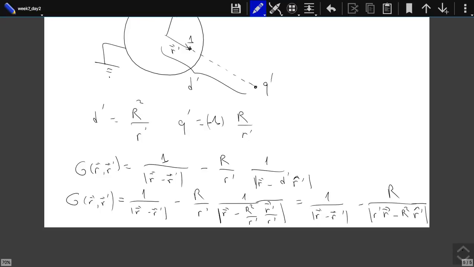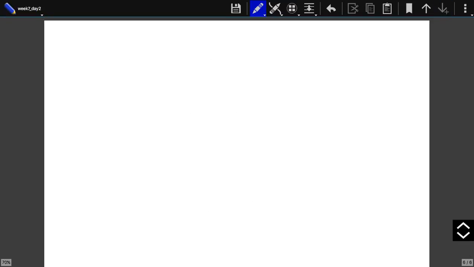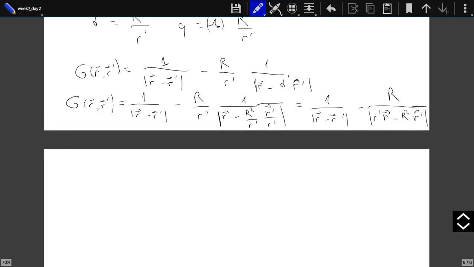Is it symmetrical with respect to the exchange of R and R prime? Because we said that the Green's function has to be symmetrical. Well, in this form, it doesn't look symmetrical. Let's write it in a different form.